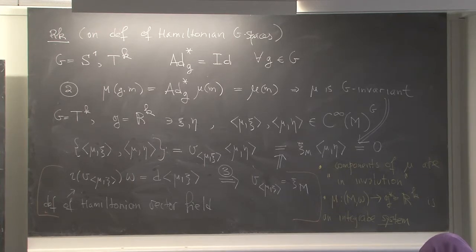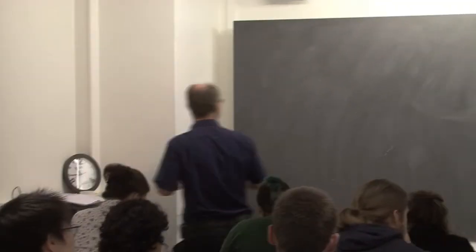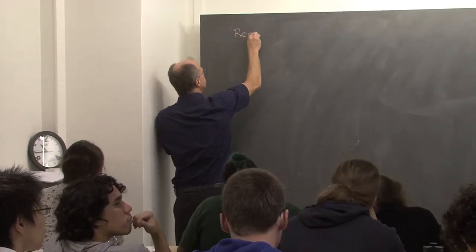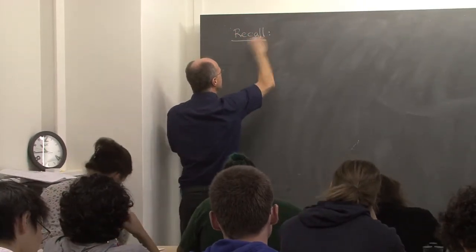Now I want to show you one more thing, one more property of moment maps today, if we have time. But first we need to recall one small thing that we already discussed a little bit.